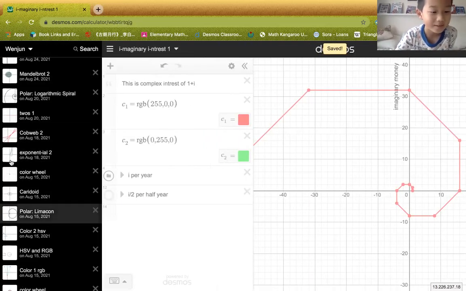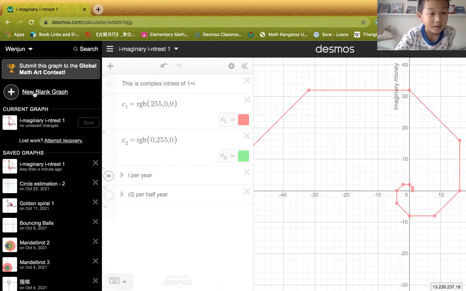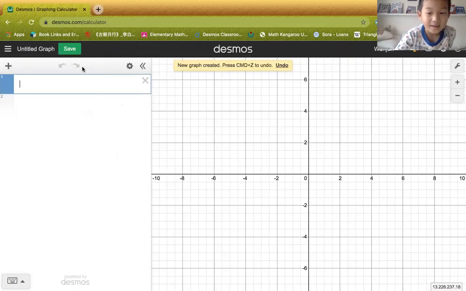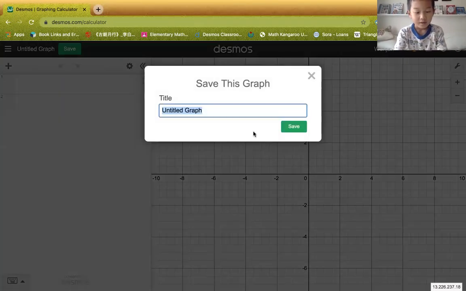We just came in to take a good view of it, but now we're adding a new one. So this one, I'll call it imaginary bases.